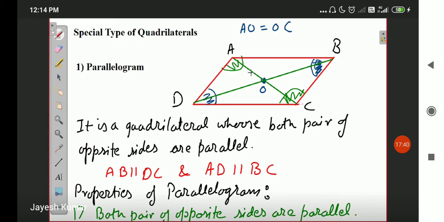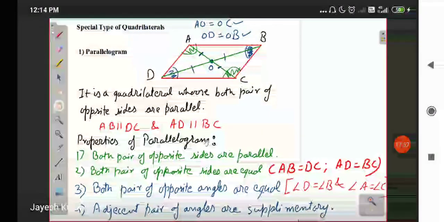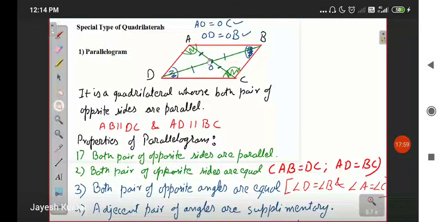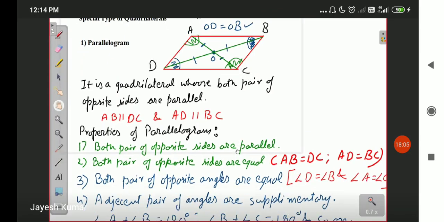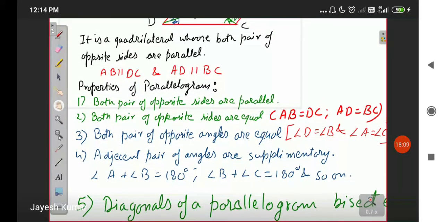AO length and OC length are equal as well as OD length and OB length are equal. That is what I mean when I say that diagonals bisect each other. That means O is the midpoint of line segment AC and line segment BD.